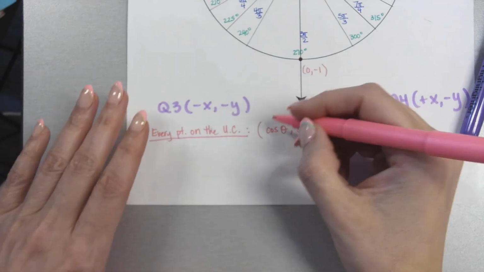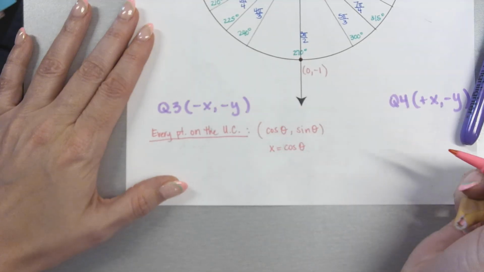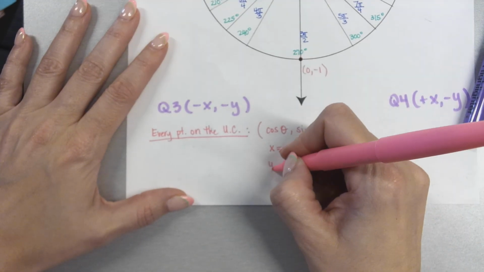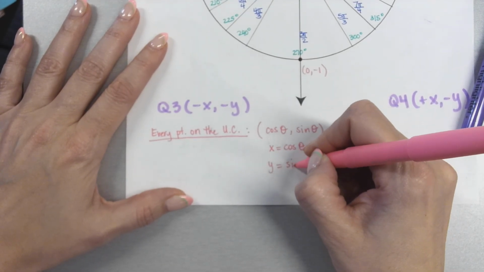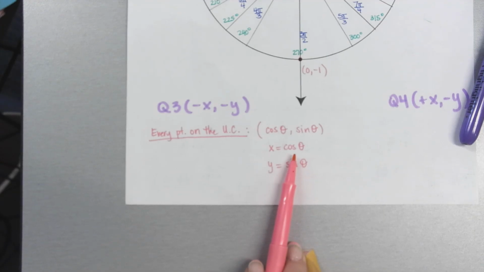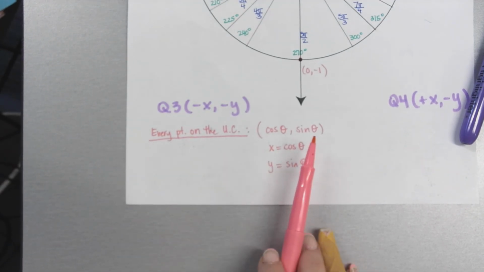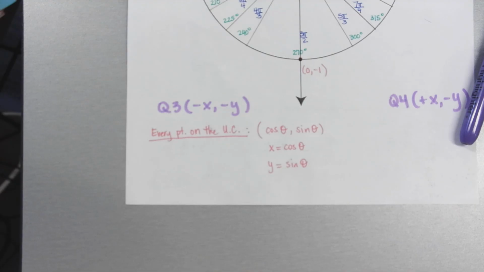Your x is related to cosine, and your y is related to the sine. So just like a coordinate point here, your x is the cosine position that goes first, and then your y is the sine position, and that will go second.